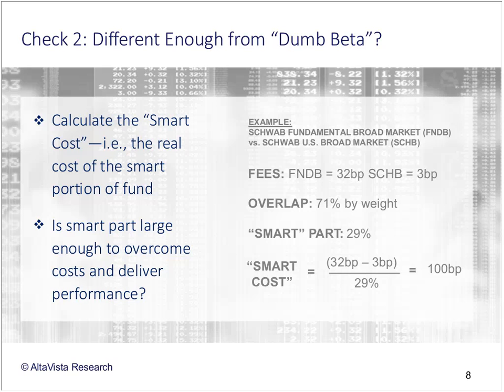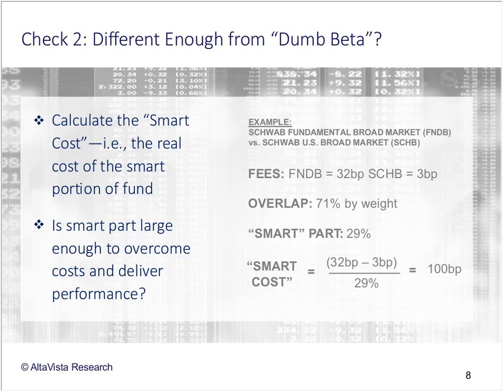To help you think about whether that's a hurdle too high or whether it's a reasonable trade-off, we can calculate what we call the smart cost. The formula is a simple one and is shown here on the right. FNDB has an expense ratio of 32 basis points, while for the benchmark SCHB, the expense ratio is only 3 basis points.